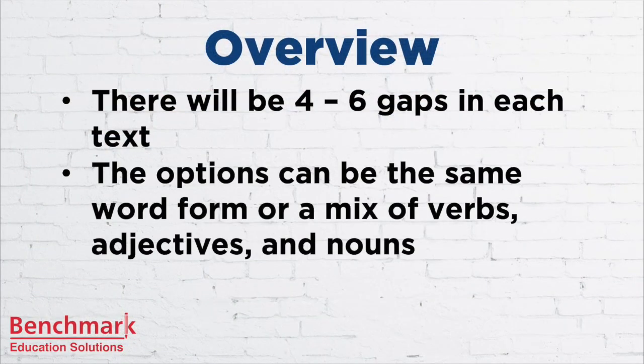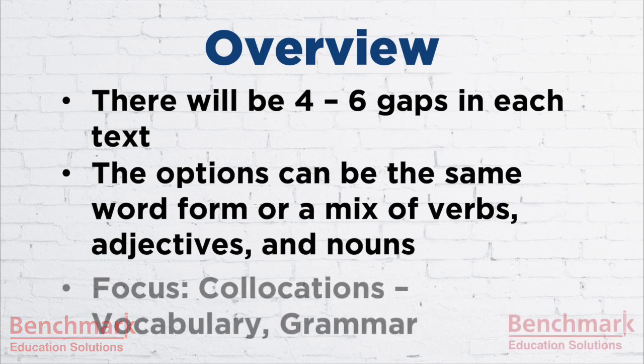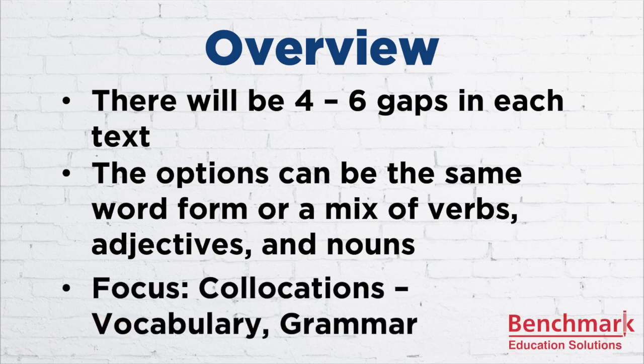The answer options you'll see can either be the same word form, for example, they might all be adjectives, or they could be a mix of verbs, adjectives, and nouns. Each gap will test your knowledge of collocations, and this tests your knowledge of vocabulary and grammar. Collocations are pairs or groups of words that are naturally found together in English.